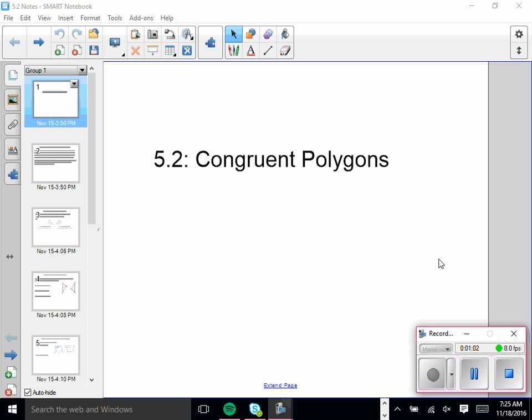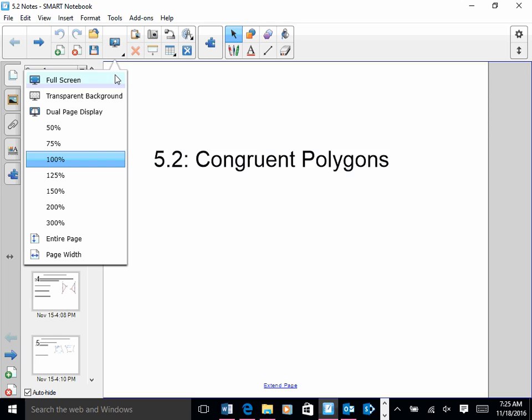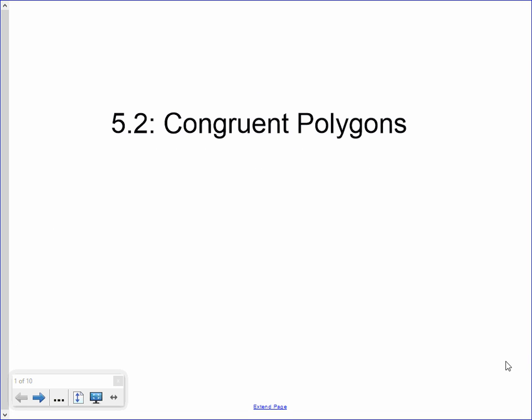And that's what we're talking about today. Now this chapter focuses primarily on triangles eventually, but we will start off here just talking generalities with congruence. So I'm going to go ahead and put this on full screen now. 5.2, congruent polygons.